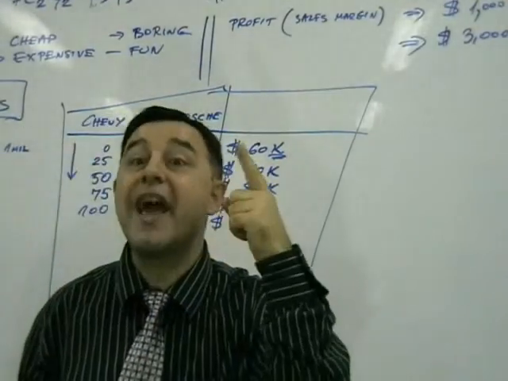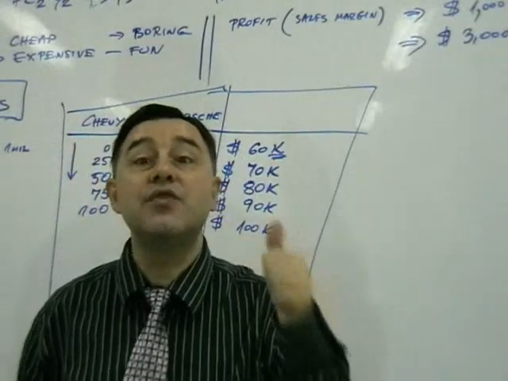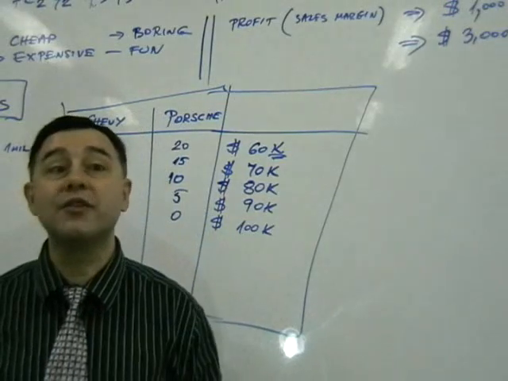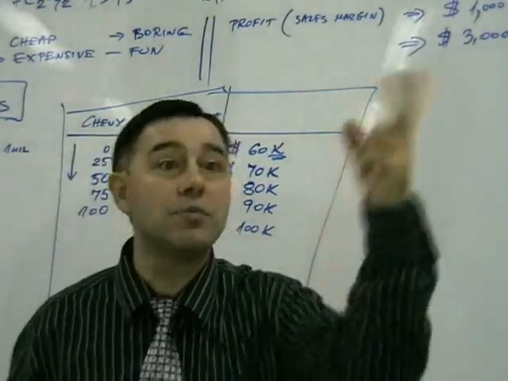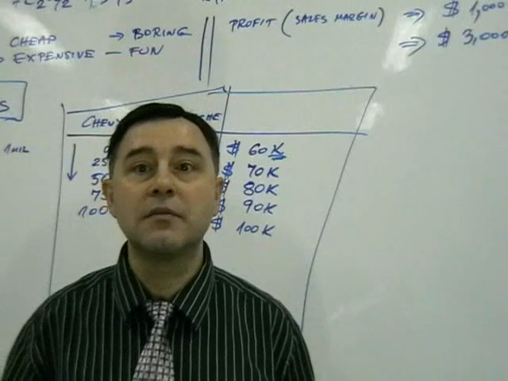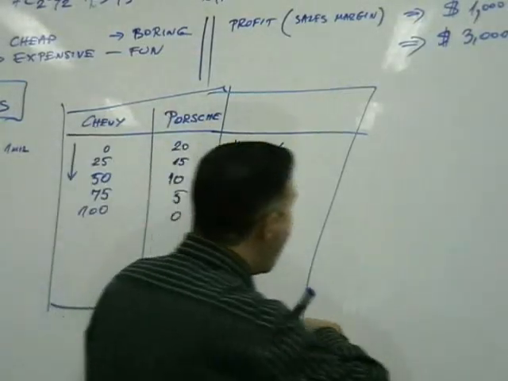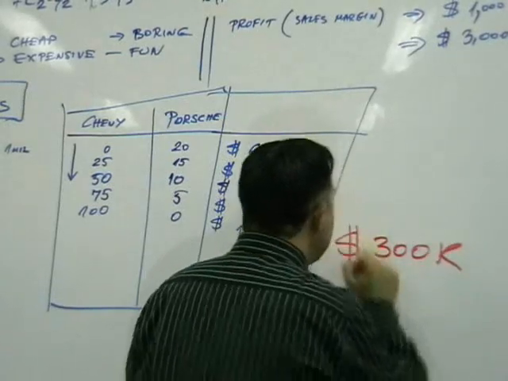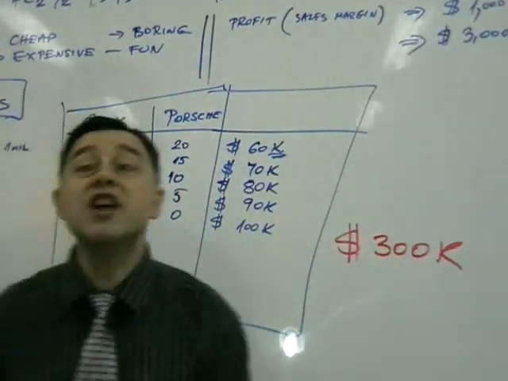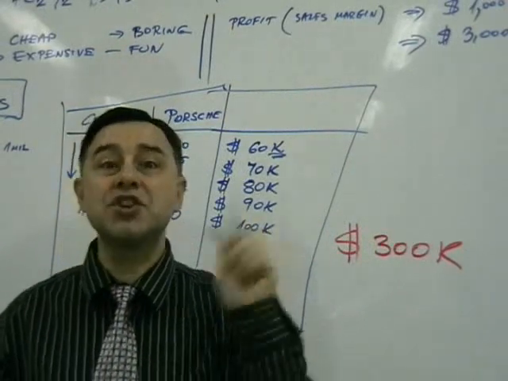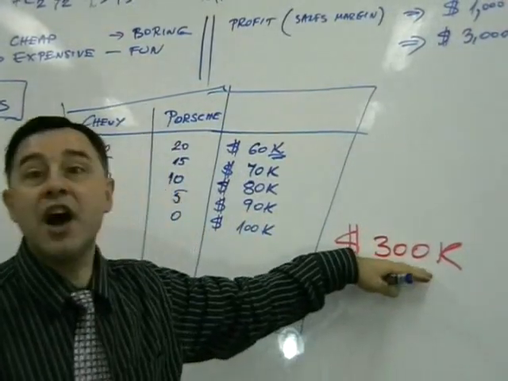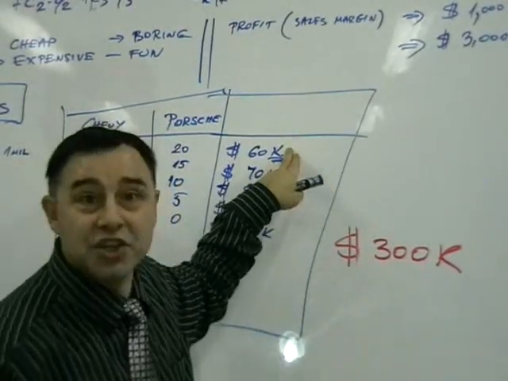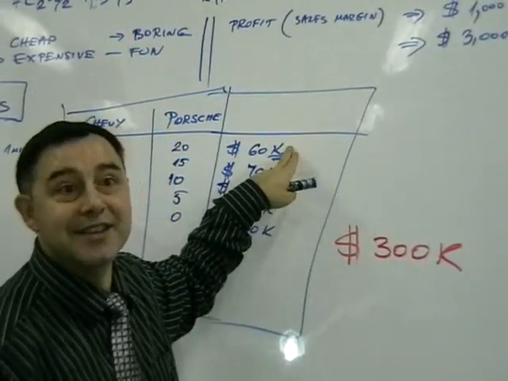Now, remember what else happened. If you had no constraints, what was the total profit with Porsches only? The total profit, no constraint. 300,000. In other words, with no constraints in Porsches only, you make 300,000. With the constraint and Porsches only, you get barely 60.